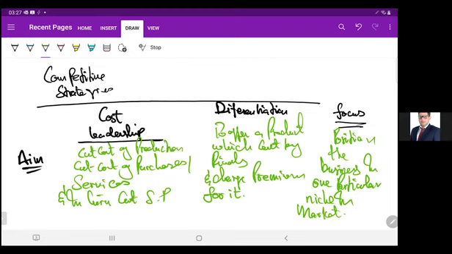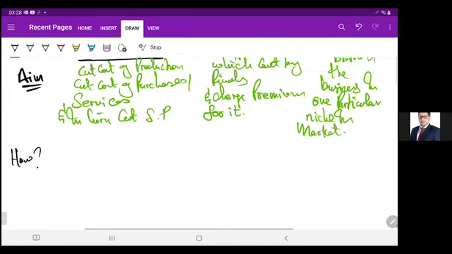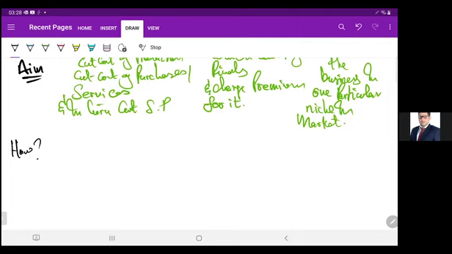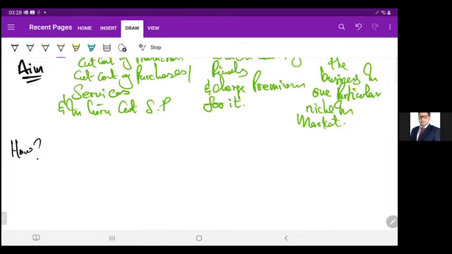Right? Now, the question is how it can be done. For cost leadership, we can do it by economies of scale. We can use learning effects.